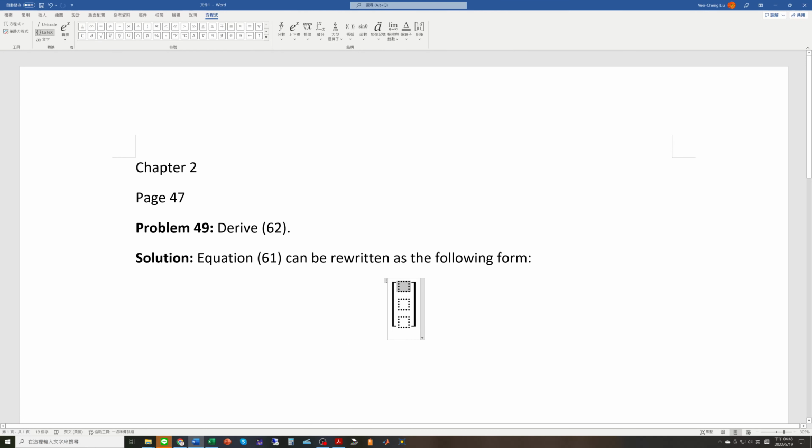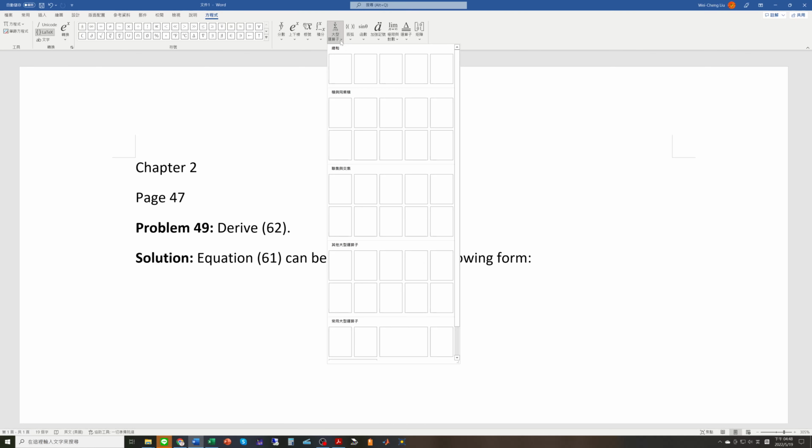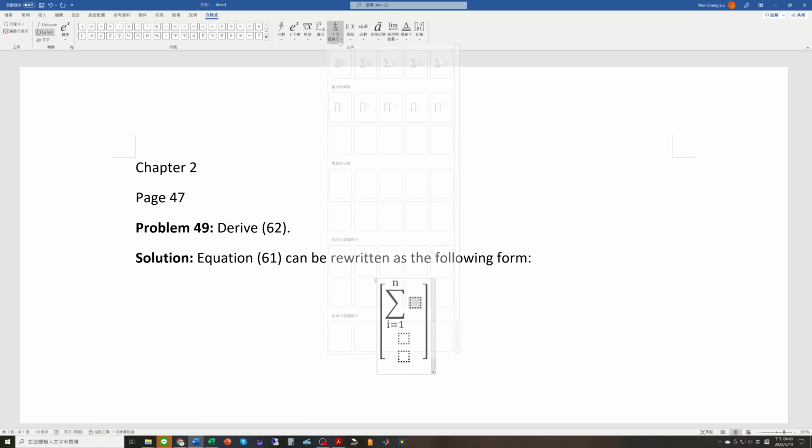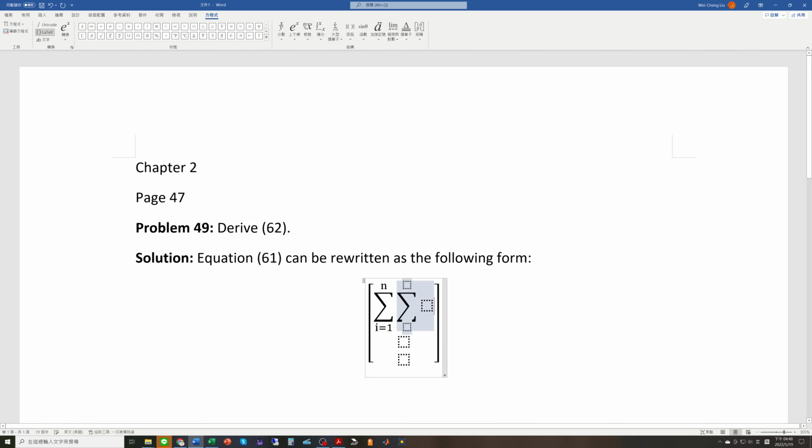Okay, so the first element of this vector should be summation i is equal to 1 to n, and summation k is equal to 1 to m.